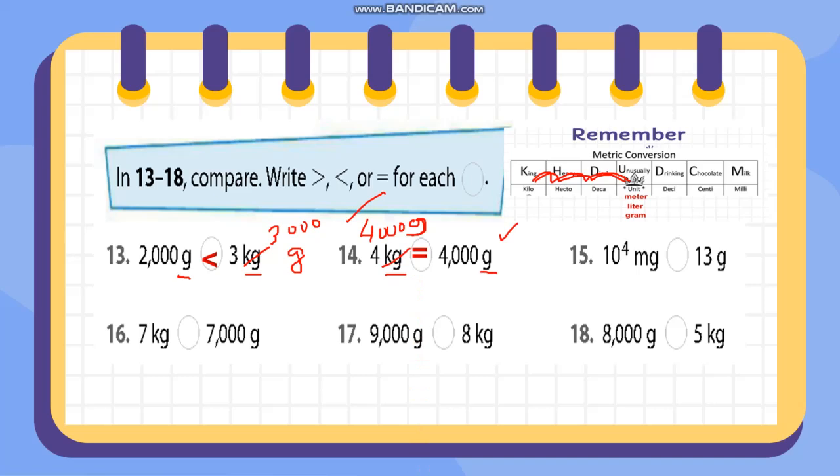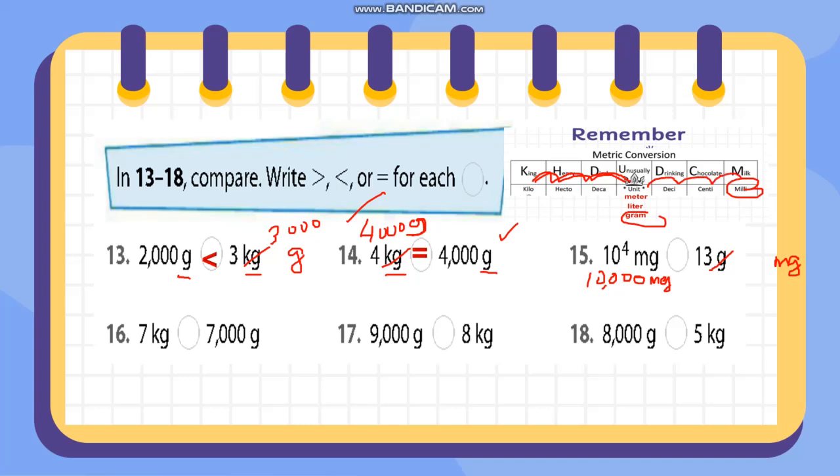Next, 10 to the 4th power. 10 to the 4th power means 10 multiplied by 10 multiplied by 10 multiplied by 10, and that is equivalent to 10,000. So I have 10,000 milligram, and the other one is gram. So I need to change gram to milligram to make it the same. How many movements? 1, 2, 3.